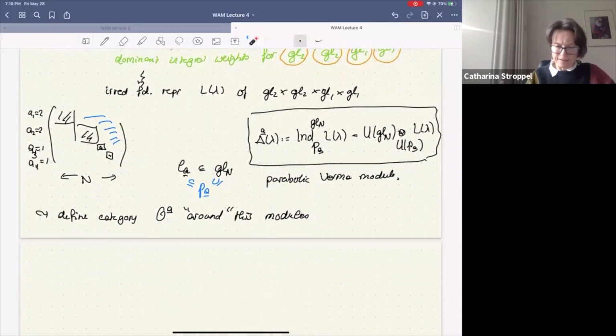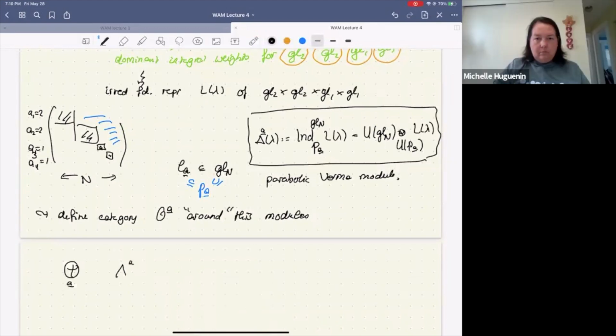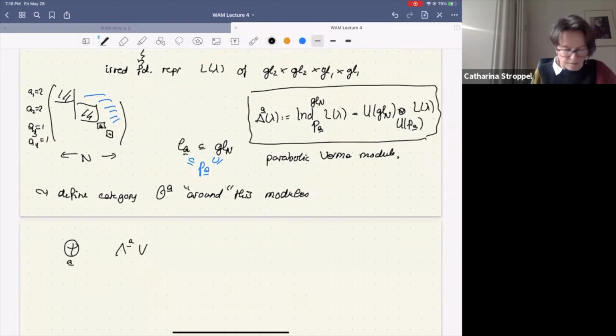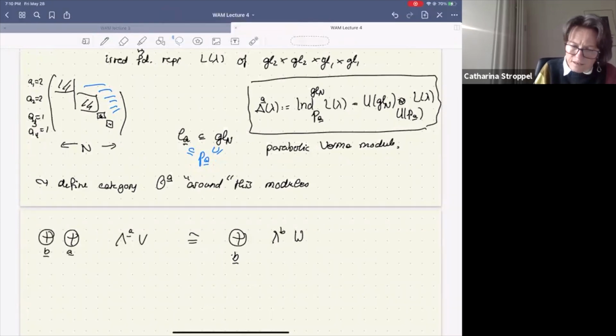Okay, and then the statement is, when I want to categorify the sum of wedge A of V isomorphic to wedge B of W, then I first refine this by passing to the weight spaces.